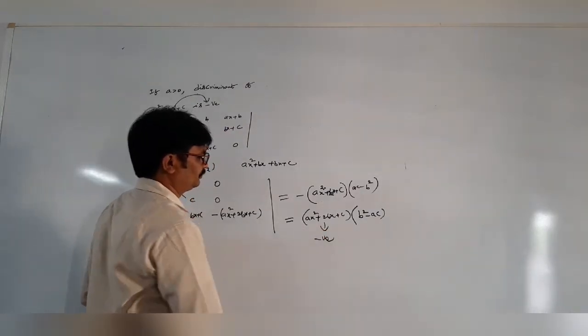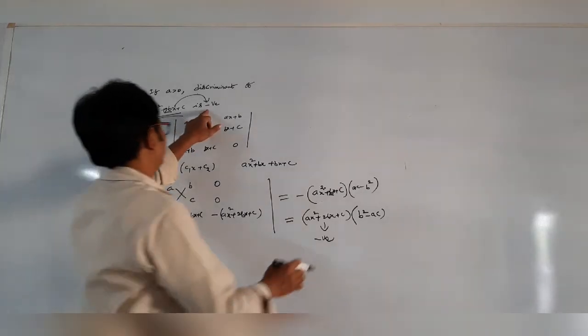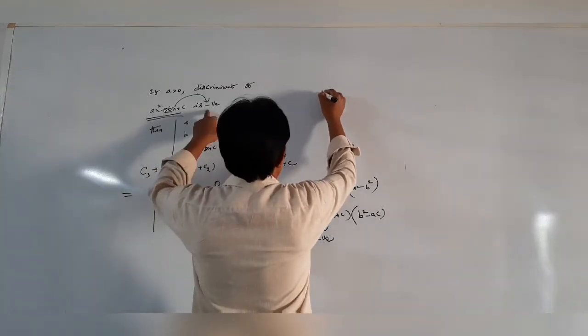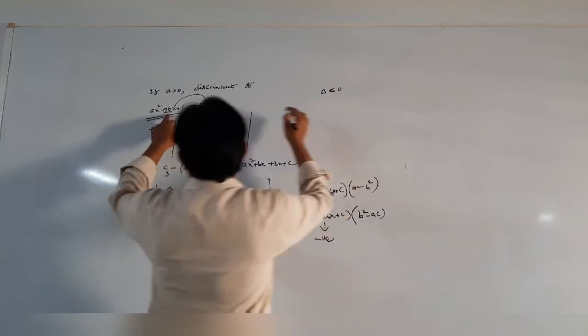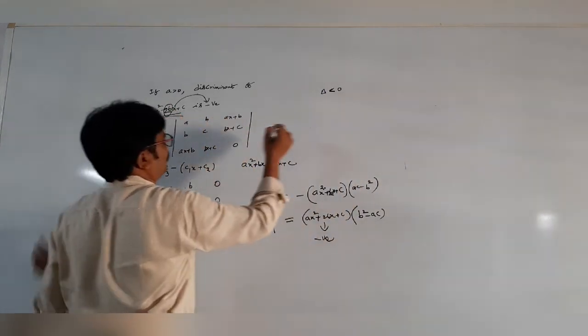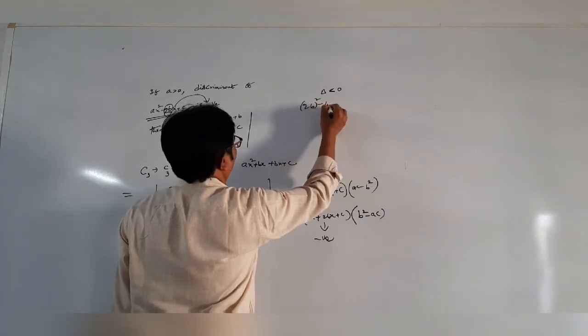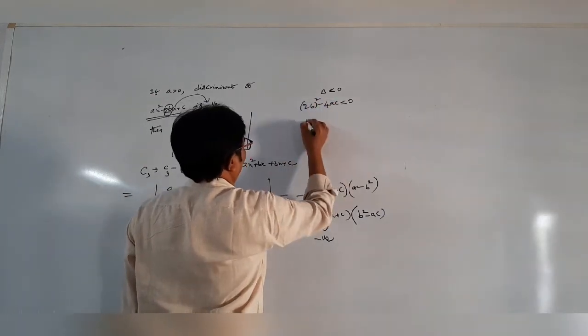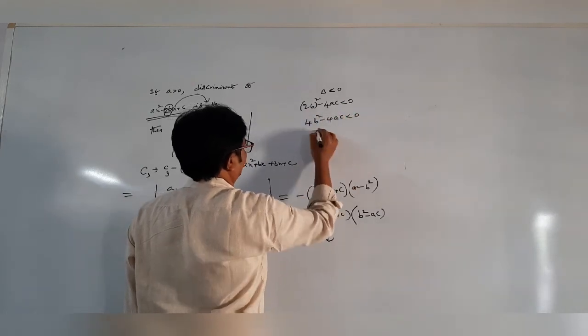So dear students, the discriminant is negative. When the discriminant is negative, we have to know that delta is less than 0. That is b square, which is 2b whole square, minus 4ac, that is 4b square minus 4ac.